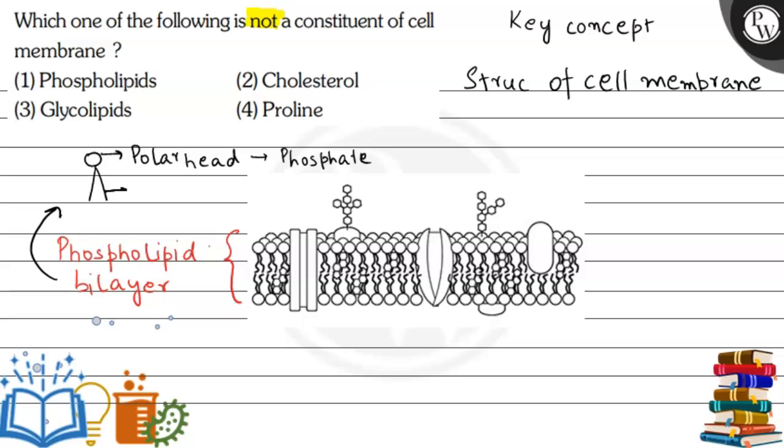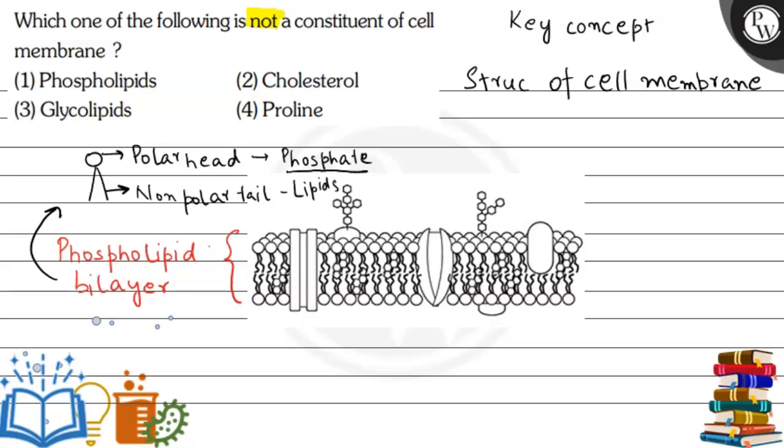The second part of the phospholipid bilayer is the non-polar tail, and this is composed of lipids. Now these lipids are two chains of fatty acids which are attached to the glycerol molecule.